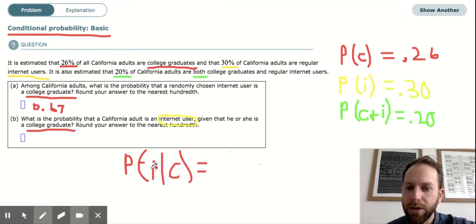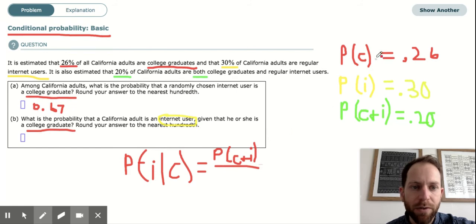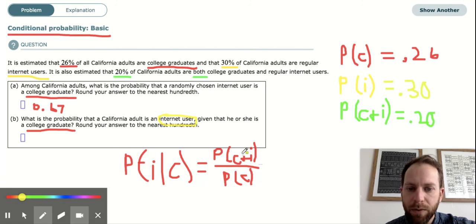So since we want to know I, we're going to find something that cancels out the C. So we're going to put the probability of C and I on top. But this time, we're going to try and be getting rid of the C, so we're going to divide by the probability of C, 0.26, so that all that we're left with, when these cancel out, is going to be the I, right?